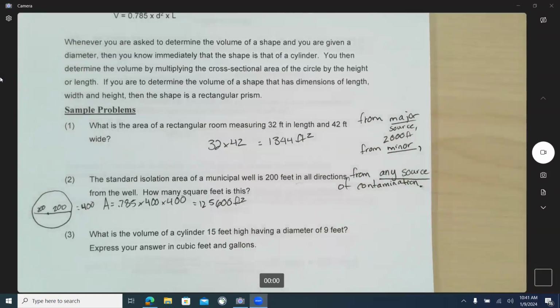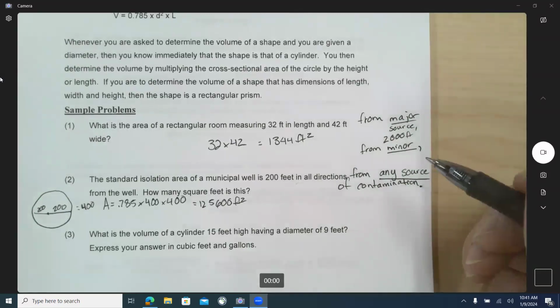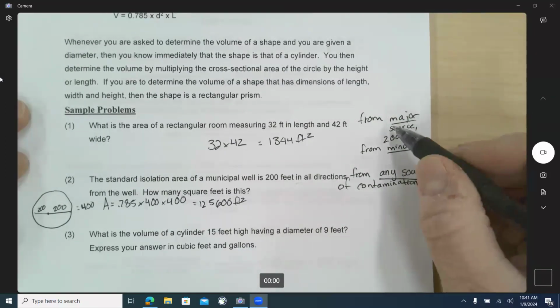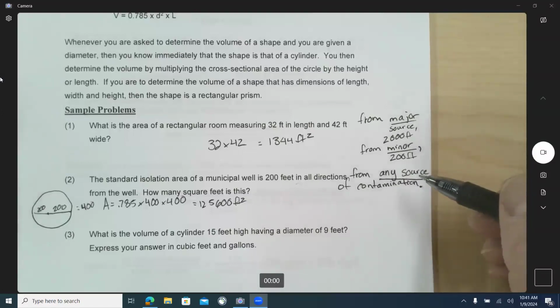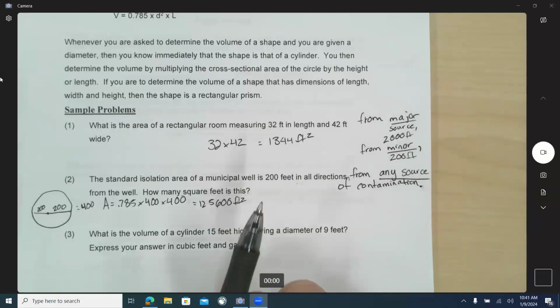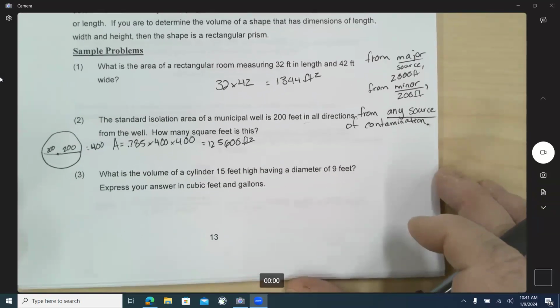So a major source of contamination is like a dump or a chemical factory or a chemical spill, an underground leaking storage tank, something like that, a giant animal farm. All right. A minor source is 200 feet. Any and minor are the same. Major is 2,000. Okay. Don't say I didn't teach you something else here today.